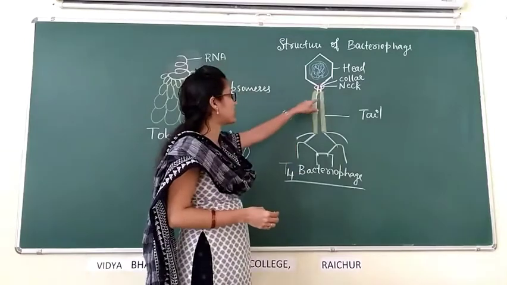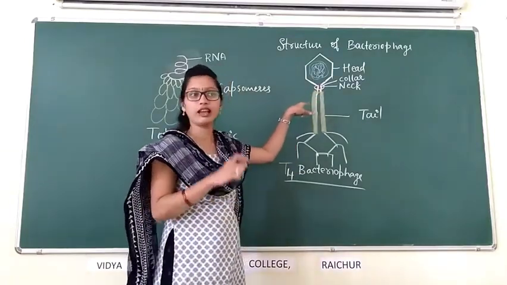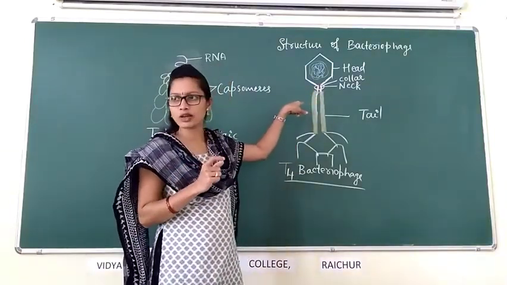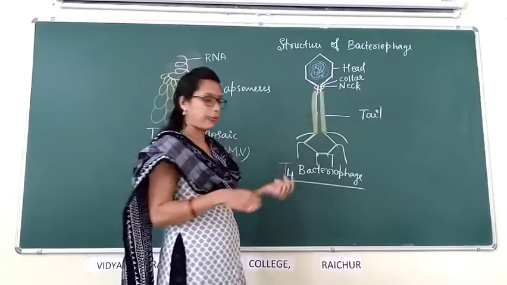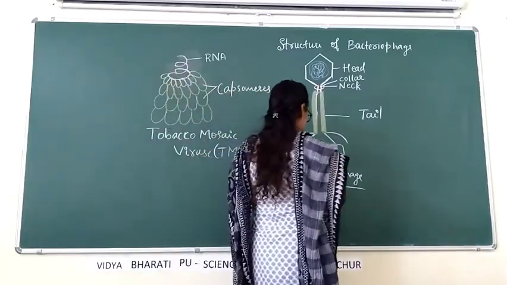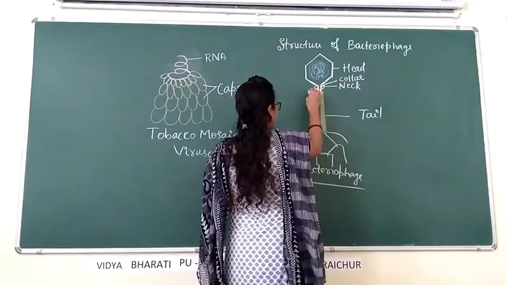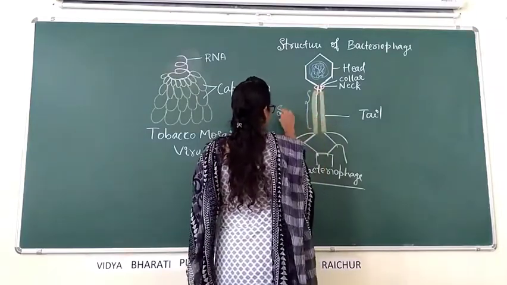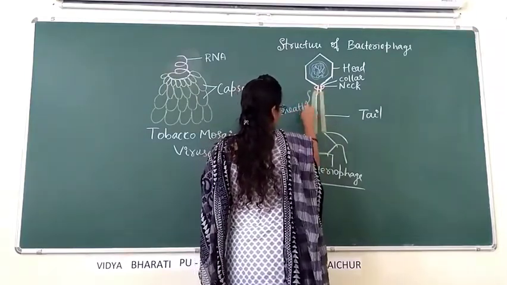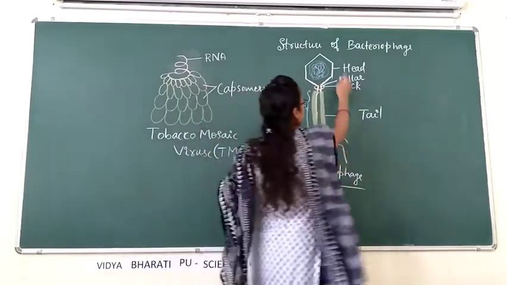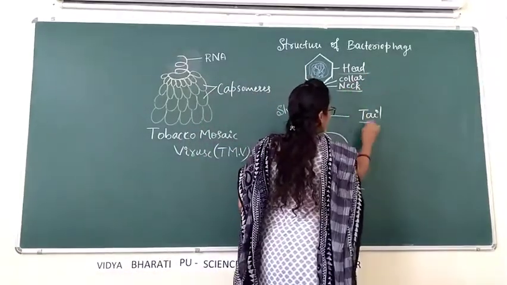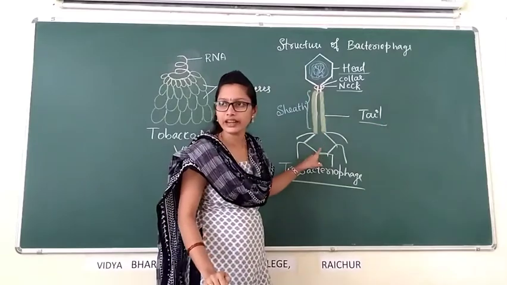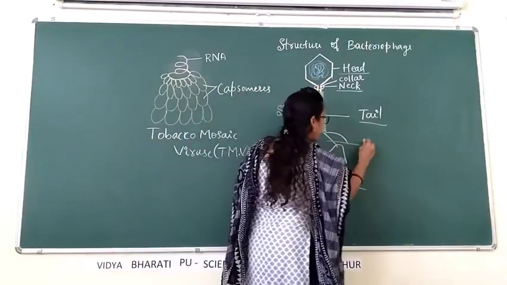It is present like a sheath. Sheath means layer. The protein coat is present as a sheath. This is the protein sheath. So 3 parts: head, neck, tail. And at the end, the end plate is present.